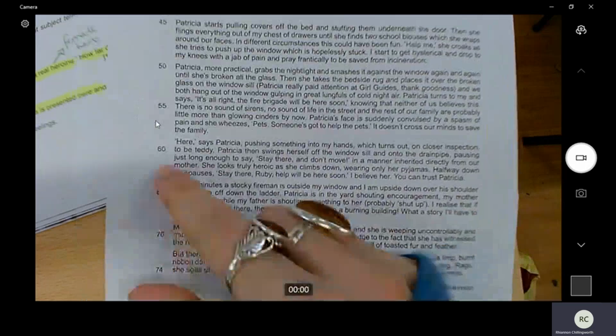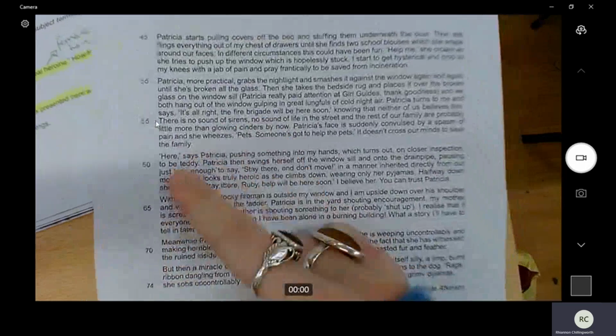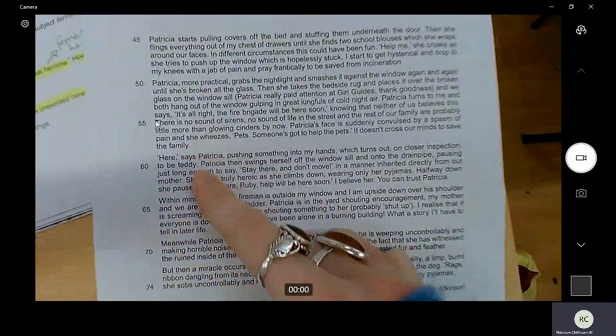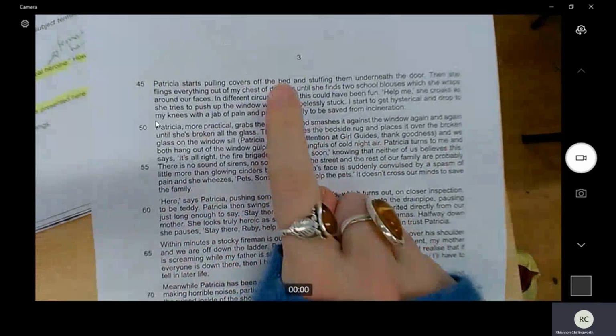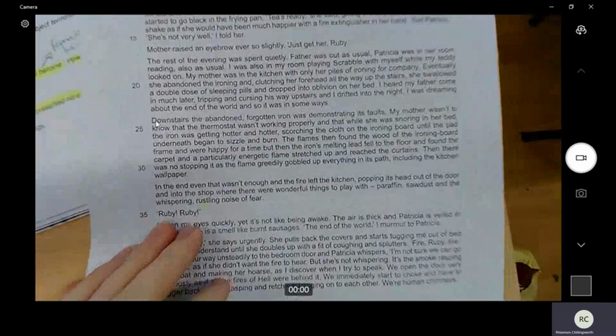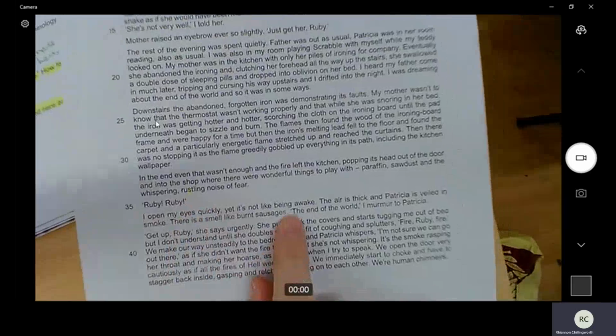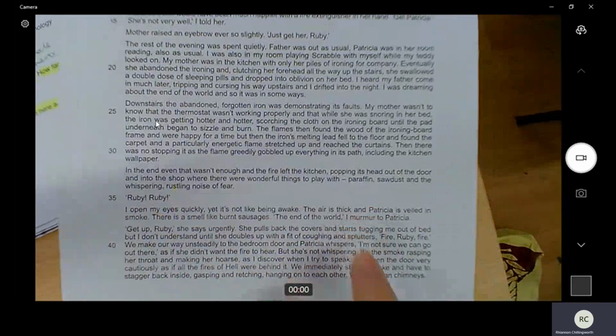But if you actually look beyond, this is your last 20 or so lines here, really, you could argue that her behaviour from the start of the fire, the fact that she comes in and wakes up her sister, that she was a heroine from the start of the fire.